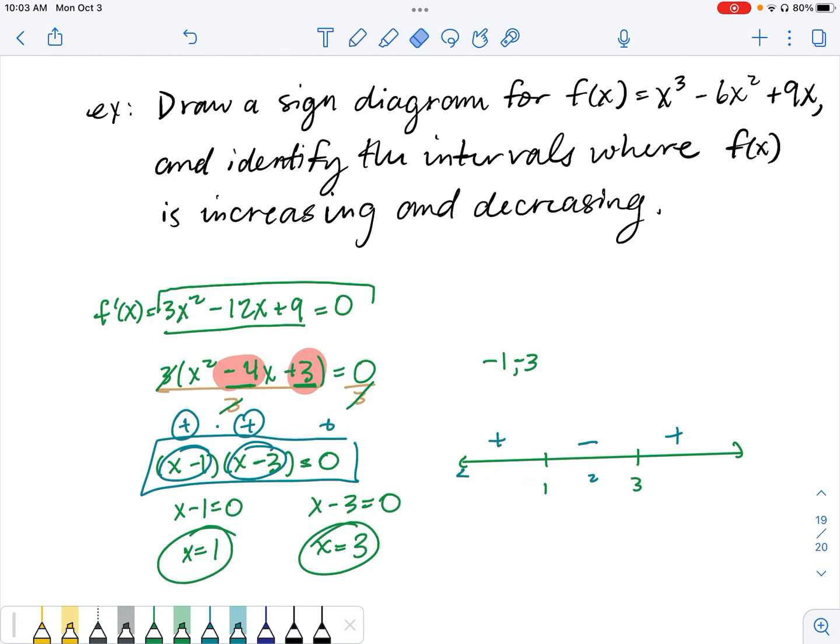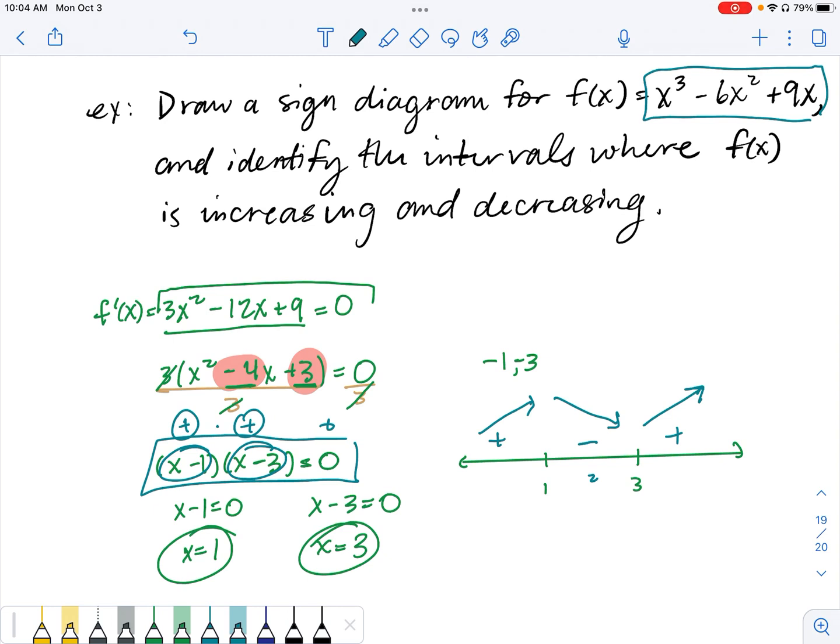And this shows us that the graph of the original function, f of x equals x cubed minus 6x squared plus 9x, is going to be increasing until it gets to 1, and then decreasing until it gets to 3, and then increasing after 3.